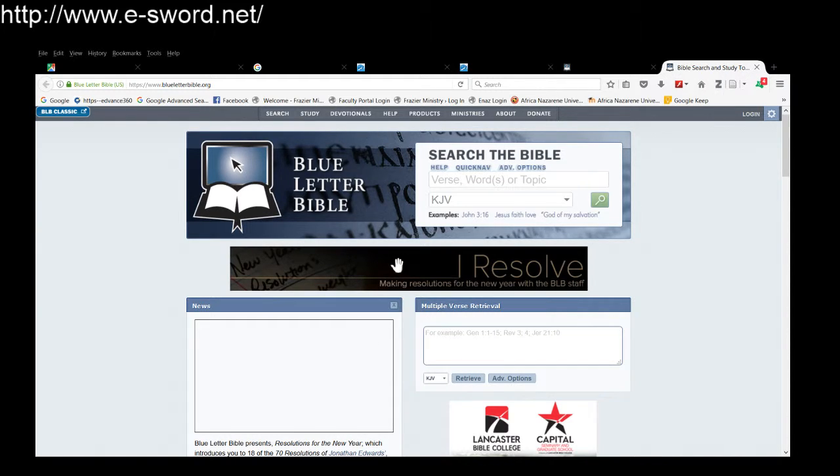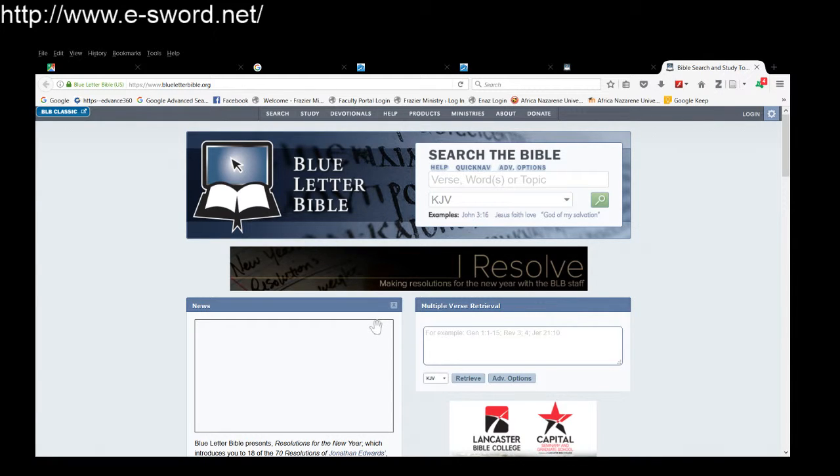You'll notice what I mean when I point out to you that this particular version of the Bible is the King James Version, but it has numbers either over the text itself or under the text.